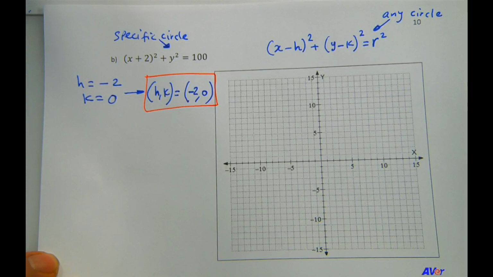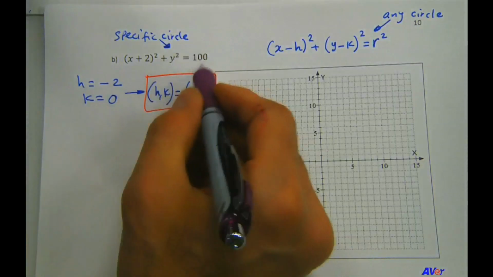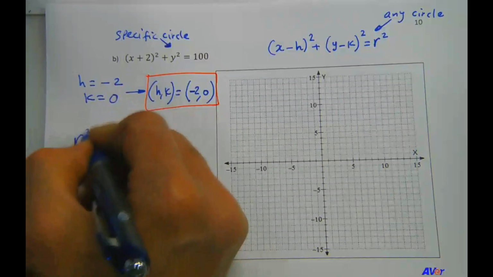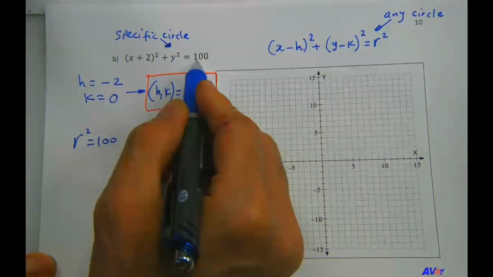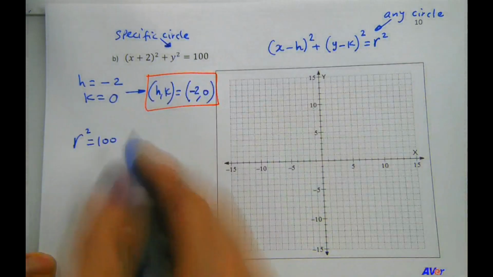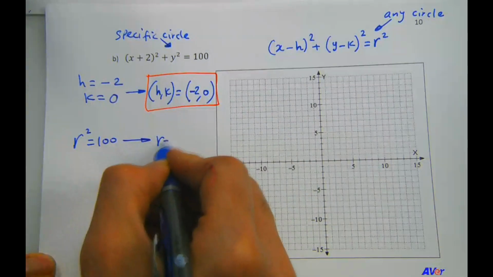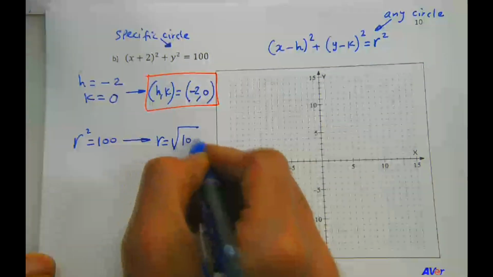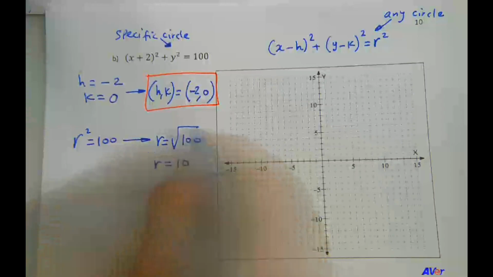Okay. What about the radius? We know that r squared is 100, right? That's the other side. Compare that. So that means r is equal to square root of 100, or r is equal to 10.